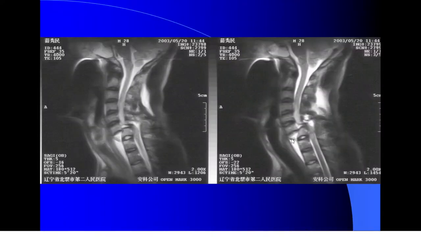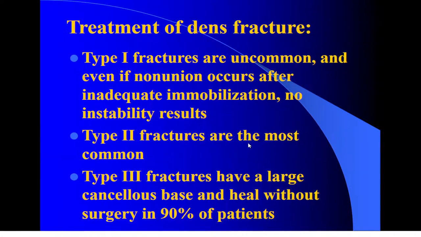That is the MRI picture of the same patient. Brain, spinal cord, and the area of the trauma. So the spinal cord is completely damaged, completely compressed by the displaced vertebra. Of course, you should expect quadriplegia in that case, and neurological complications, usually irreversible.